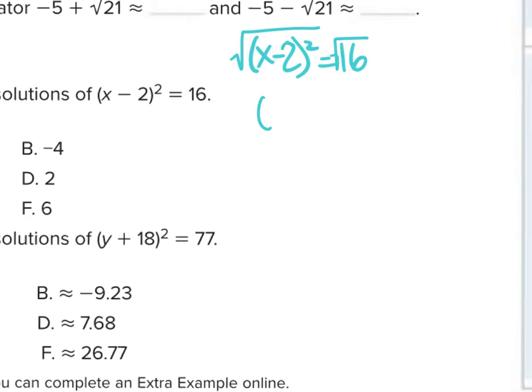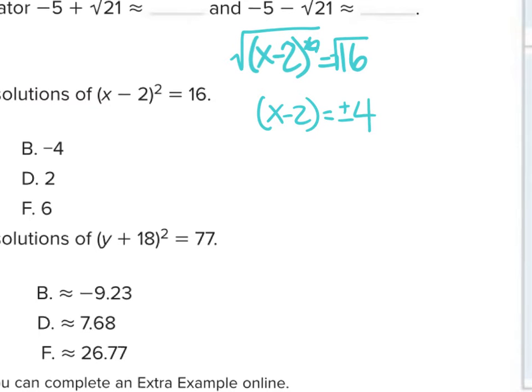So I'm left with what? No squared, right? That cancels it out. Now this side, what's the square root of 16? 4. Now remember what was the tricky part? Not just 4, right? Plus or minus 4.